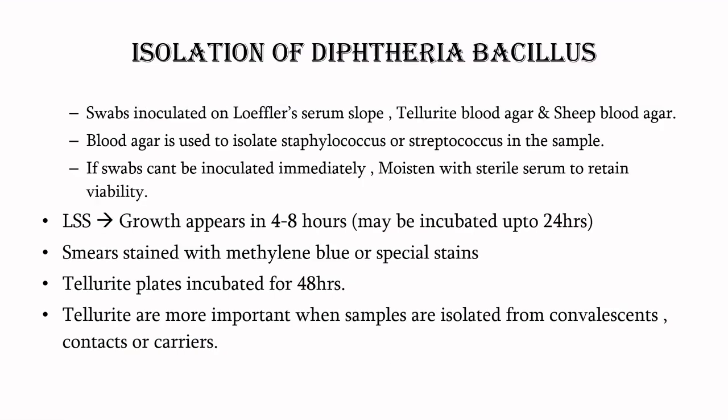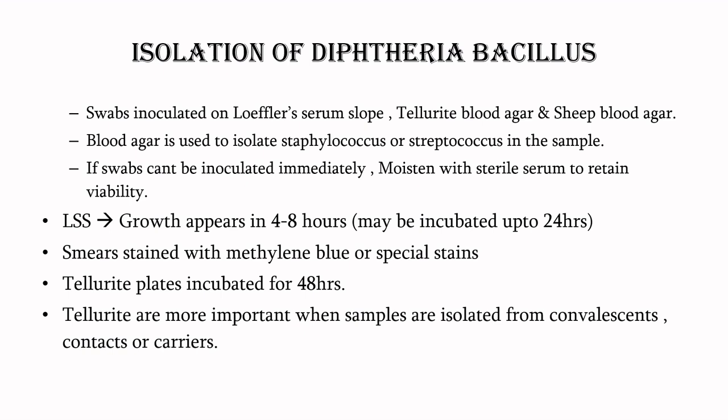The swabs can be inoculated into a Loeffler's serum slope or tellurite blood agar and sheep blood agar. Sheep blood agar is used to look for other causes of pharyngitis, and if the swabs cannot be immediately inoculated, you can just make the tip of the swab moist with the serum, just to make sure that the bacteria survive.